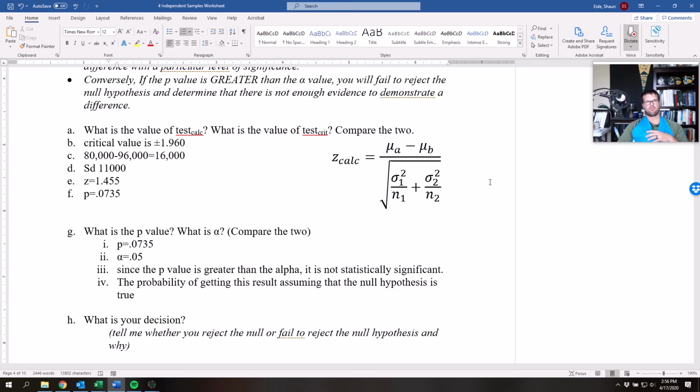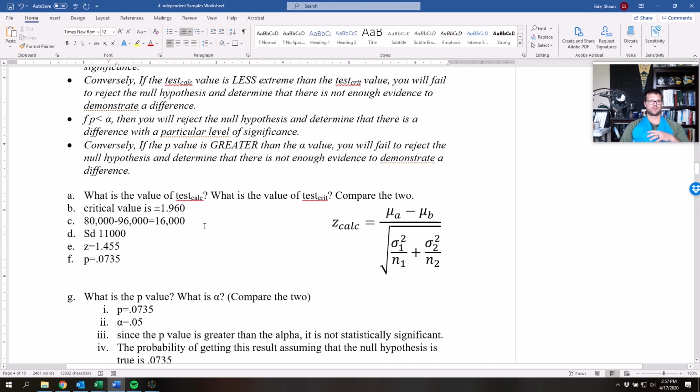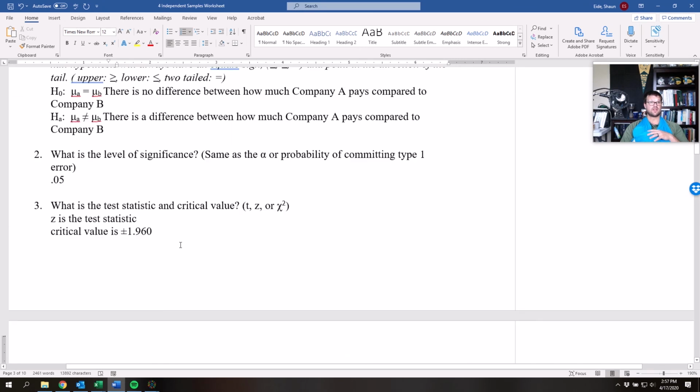So that's the probability of getting the result, assuming that the null hypothesis is true. So in other words, 0.0735 is the probability of that occurring.